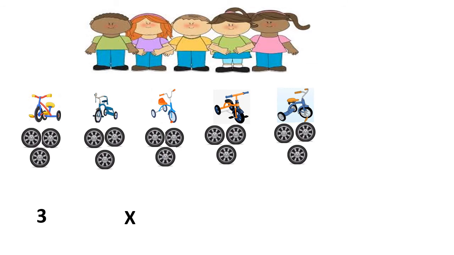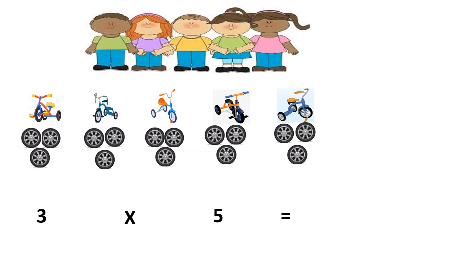Let's count. 1, 2, 3, 4, 5. Good. We've got 5 tricycles. So we say we've got 5 groups. Then we put down our equal sign. Now we need to find our answer.